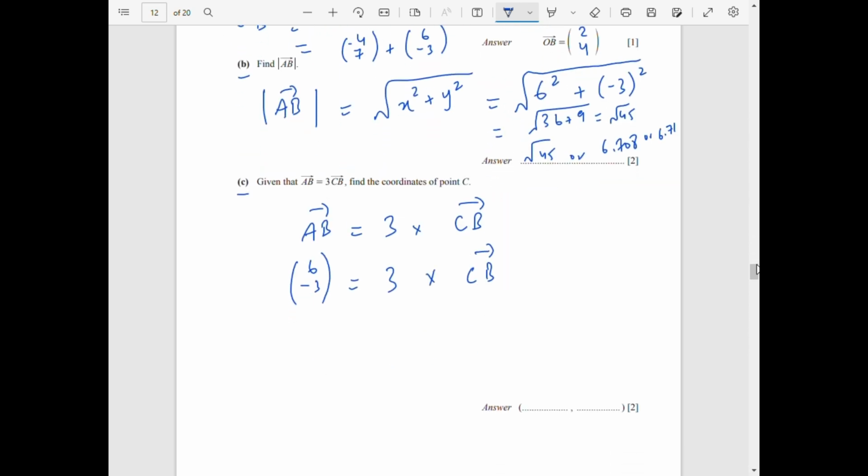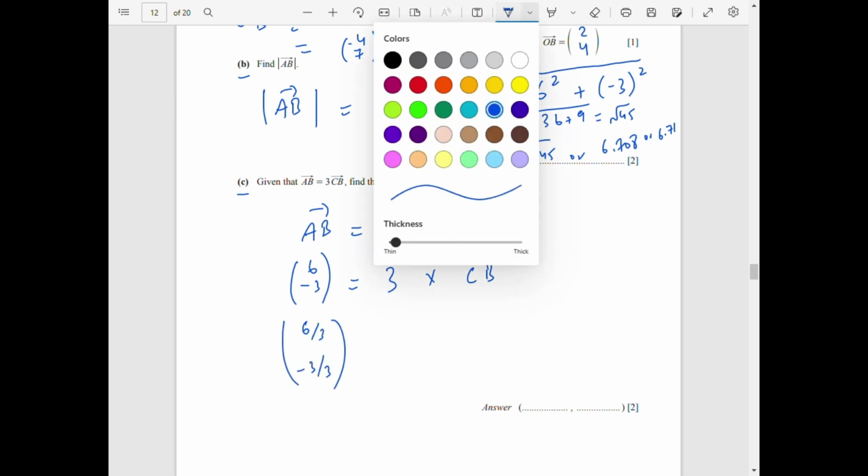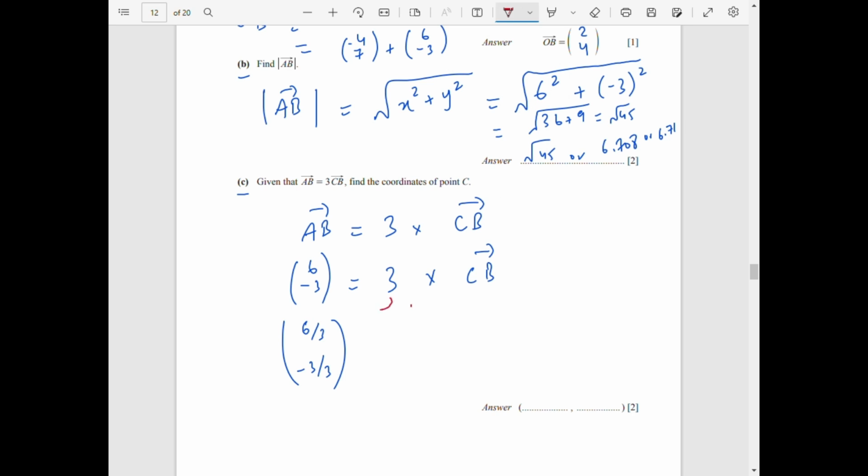I should divide, definitely. So 6 divided by 3 and -3 divided by 3. Why am I dividing? If you have any doubts, I am putting this 3 over there, so when it shifts to the other side, it goes on to divide the column vector. So now my CB comes out to be 2 and -1.